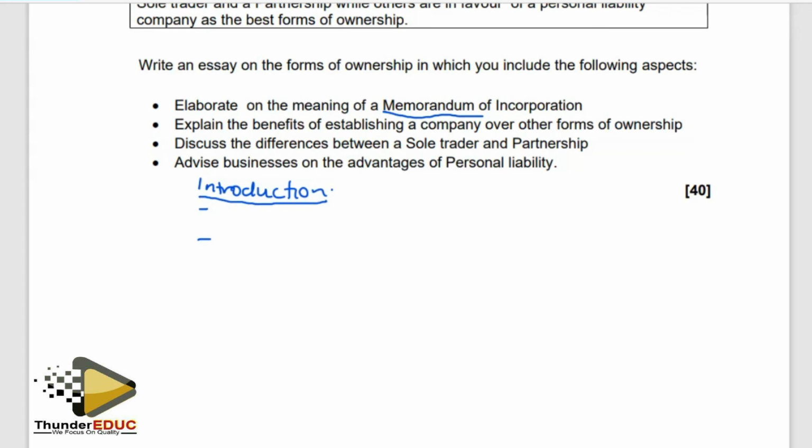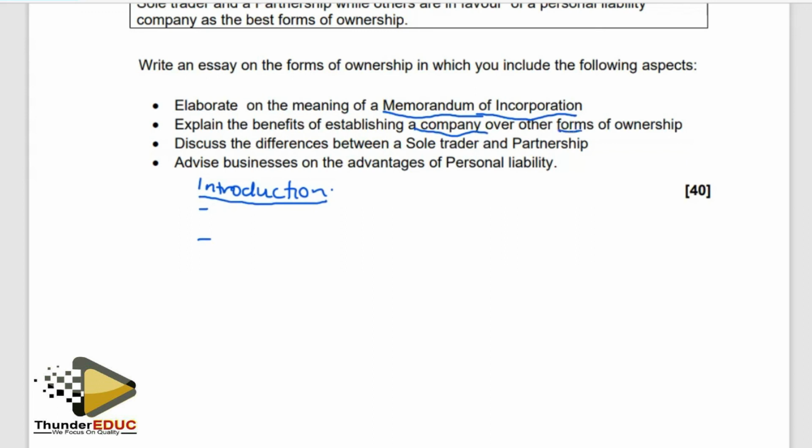Look at these questions. For example, they are asking, elaborate on the meaning of memorandum of incorporation. Full stop. Find out what the keyword in this question is. They want memorandum of incorporation. Then look at the next question. It talks about explaining the benefit of establishing a company over other forms of ownership.